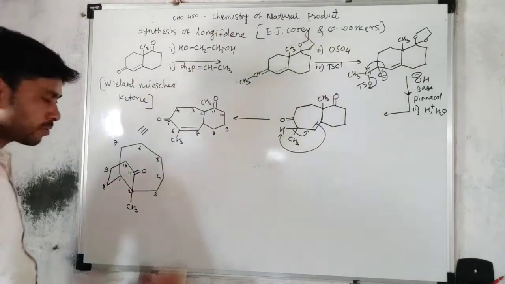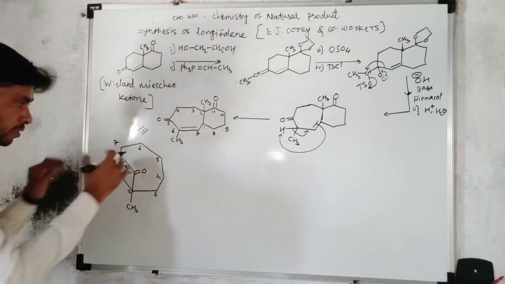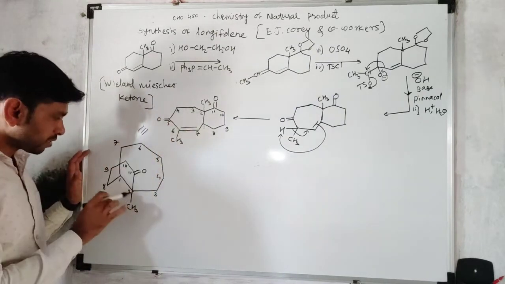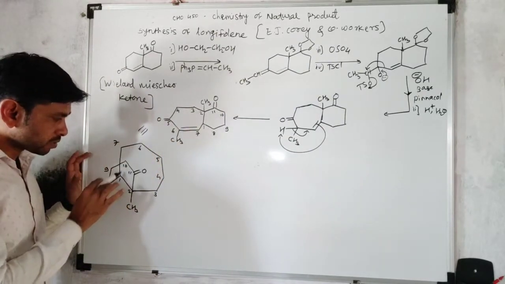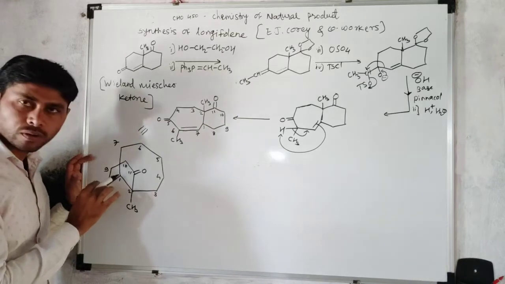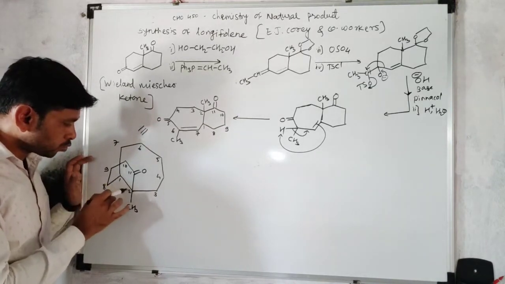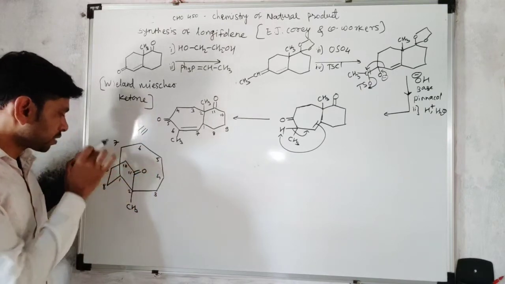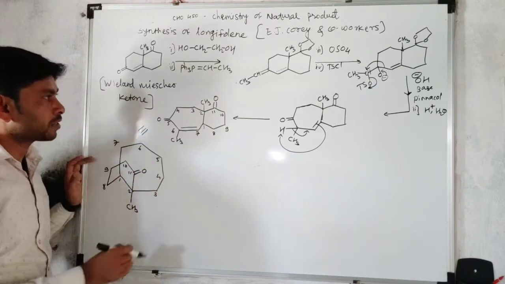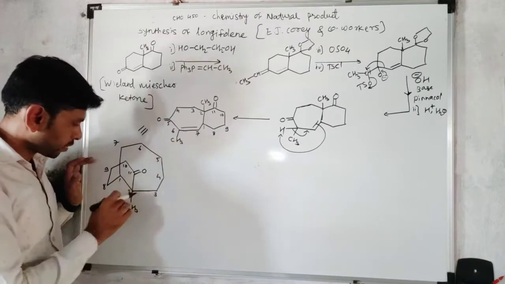Now in this numbering pattern, we have converted this numbering pattern here to the 7-member ring. So we have started numbering from this 7-member ring, 1 for the connected carbon, 1, 2, 3, 4, 5, 6, 7, 8, 9, 10 and 11. So see here, we have to attach groups here.